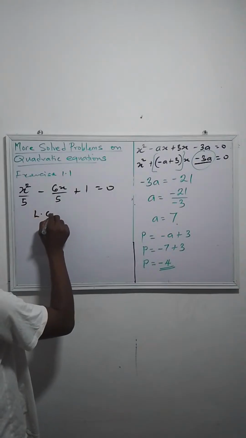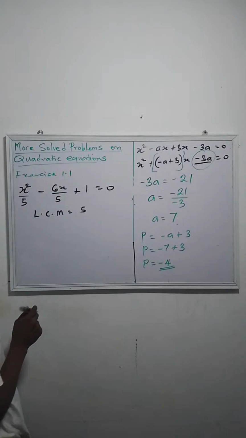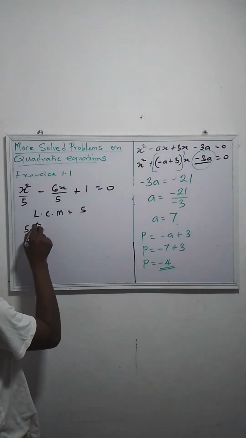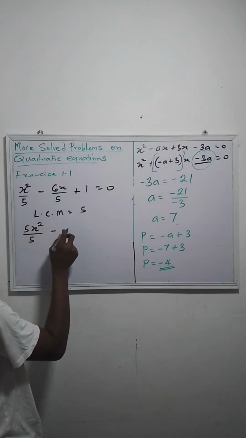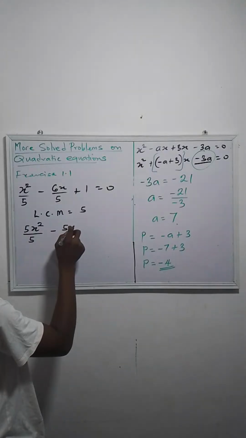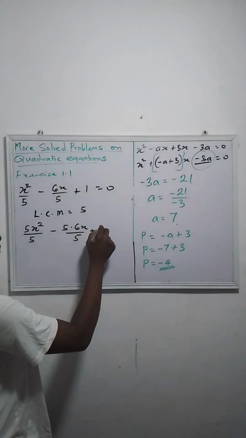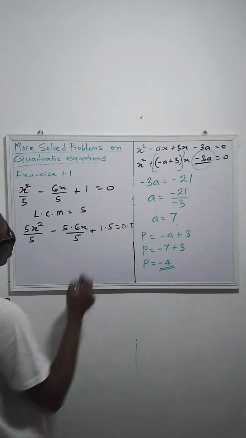The LCM is 5, the lowest common multiple. So we have 5 times x squared over 5, minus 5 times 6x over 5, plus 1 times 5 equals 0 times 5.